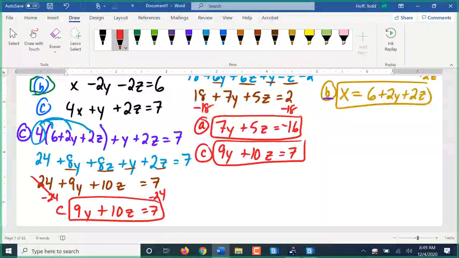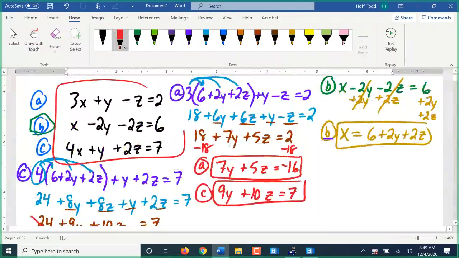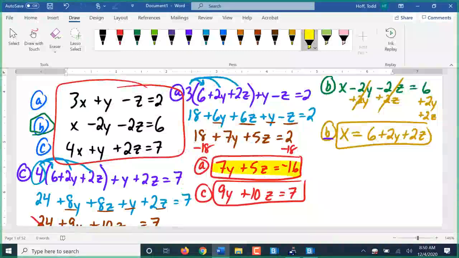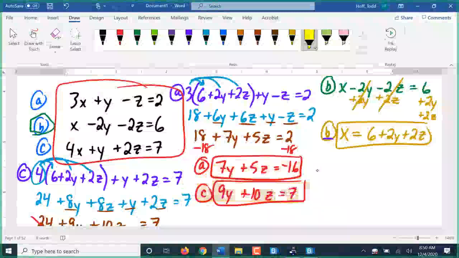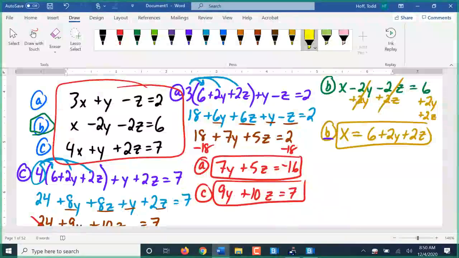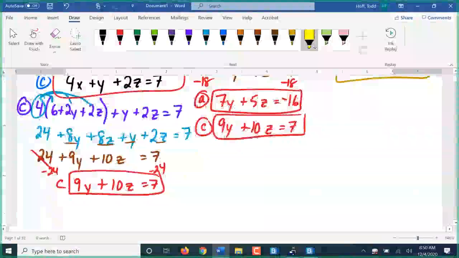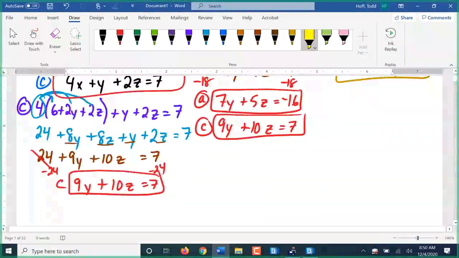We did use substitution to reduce our original system down to that two-variable system with two equations, but we don't have to continue to use substitution. To solve the two-variable system, we can switch over to a different method if we want to. Obviously, I'm not suggesting graphing. I am suggesting switching over to elimination or the addition method.